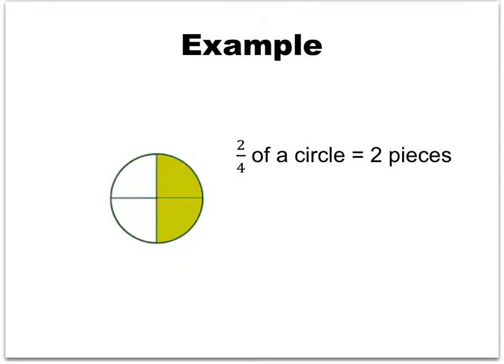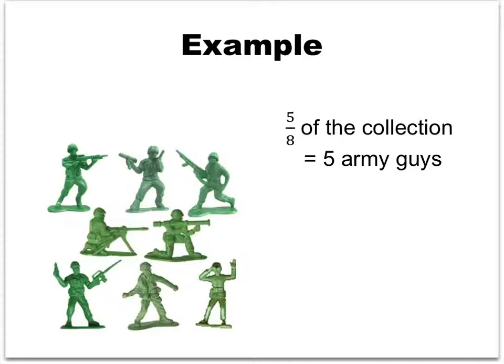Let's take the statement 2/4 of a circle. So that denominator 4 means that we're going to take our whole circle, divide it up into 4 equal pieces. The numerator 2 says that we're going to select 2 of those pieces. So 2/4 of a circle is 2 of those pieces. Take another example. The statement 5/8 of the collection of army guys. So that means we're going to divide our collection up into 8 equal pieces.